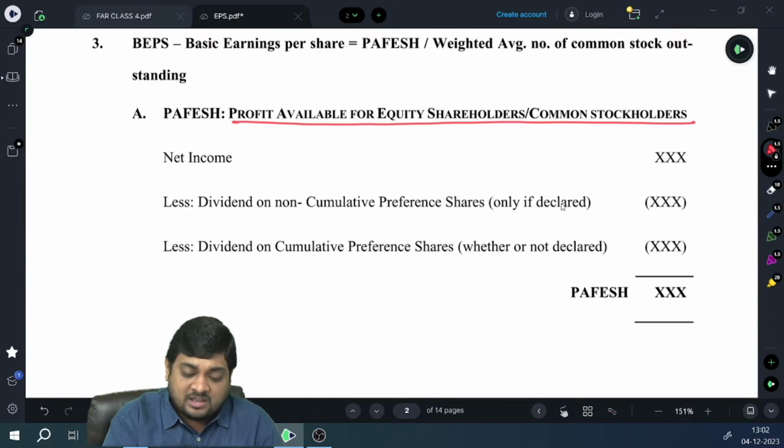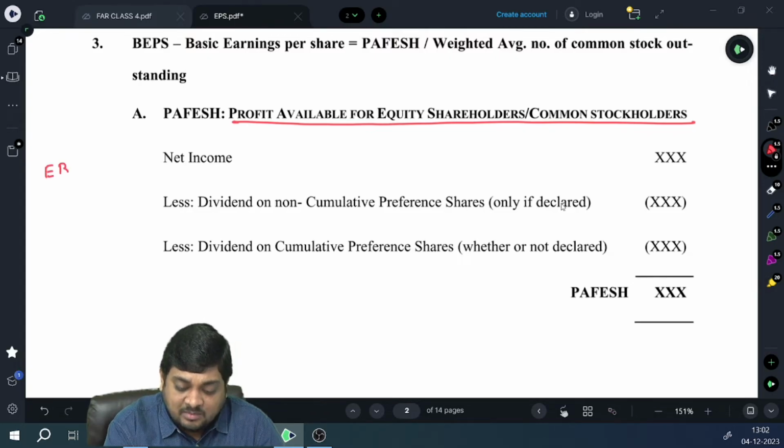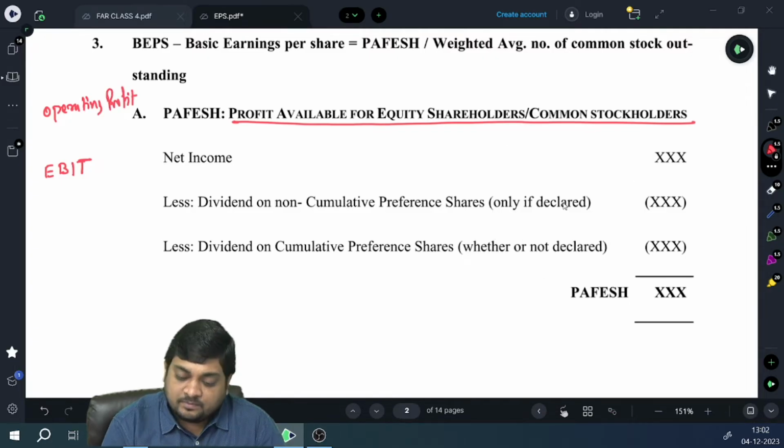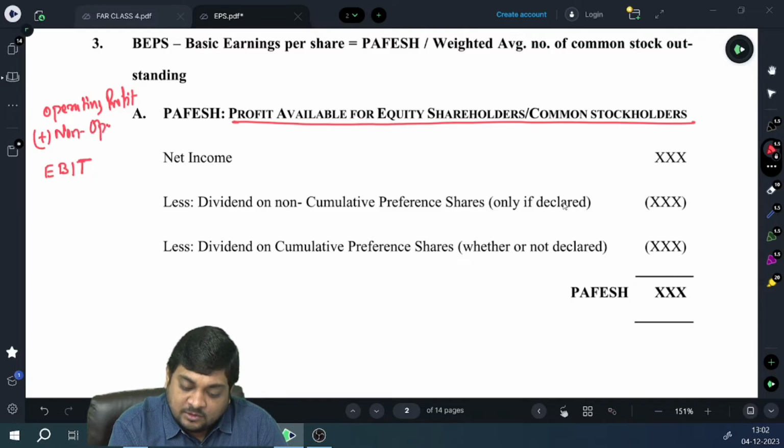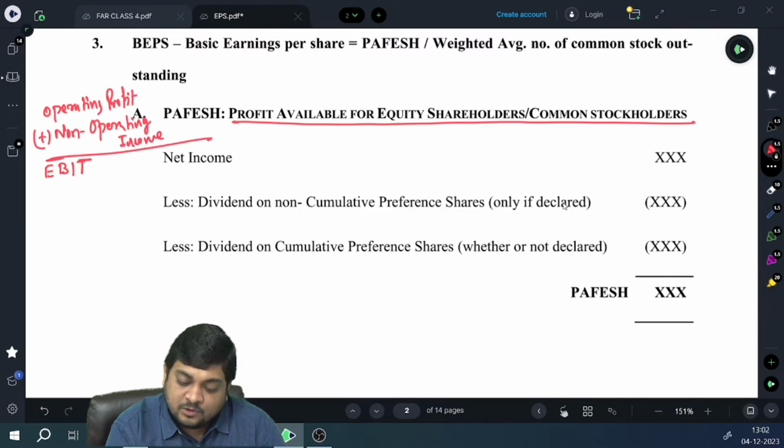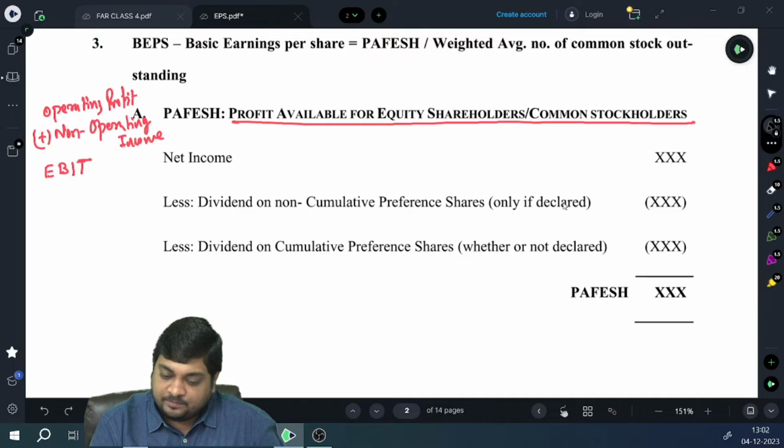Now usually what they will give you is earning before interest and tax. You have operating income, you have operating profit. If you add non-operating income, you get EBIT, right?